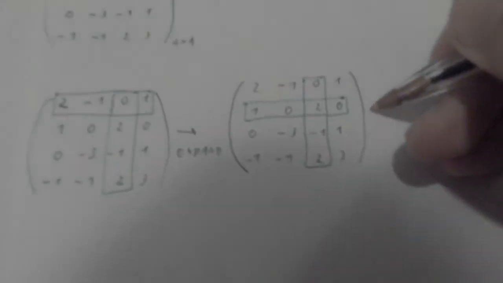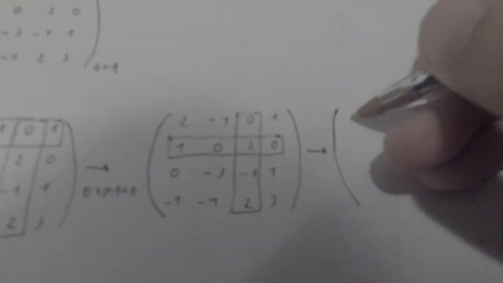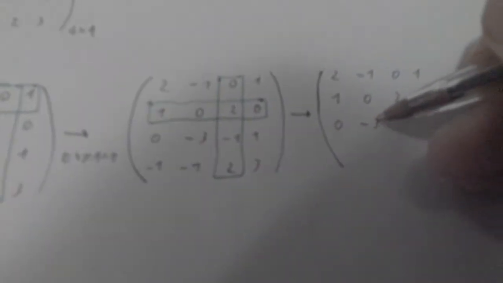And then again. I already told you why I'm doing this, but it will be crystal clear once I show you: -1, 0, 1, 1, 0, 2, 0, and 0, -3, -1, 1, -1, -1, 2, 3.